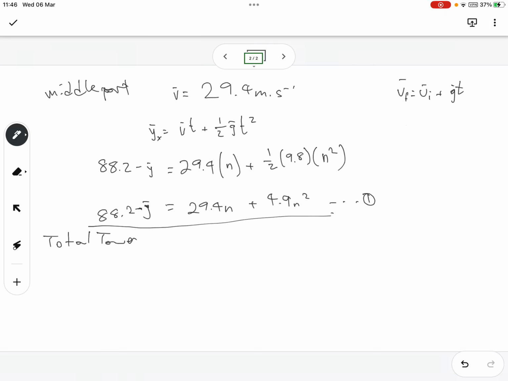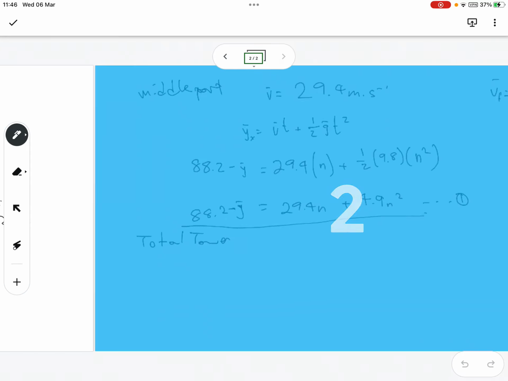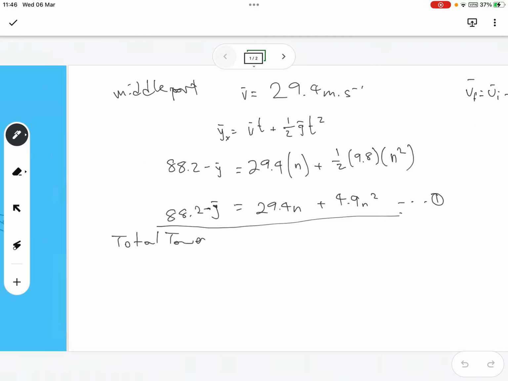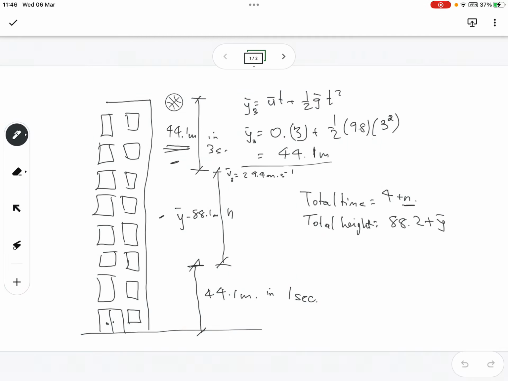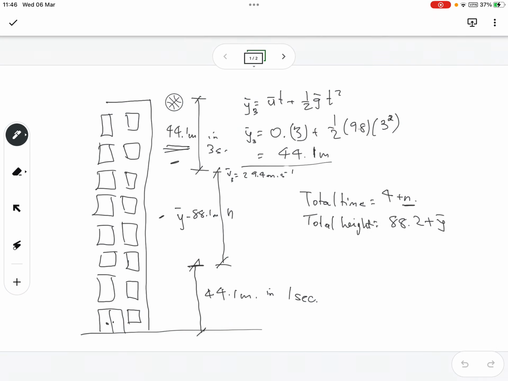then we could have 88.2 minus y, which is the middle part. Our values are 88.2 meters minus y, which is our total height. Our acceleration due to gravity is 9.8 meters per second squared, going down, so positive.